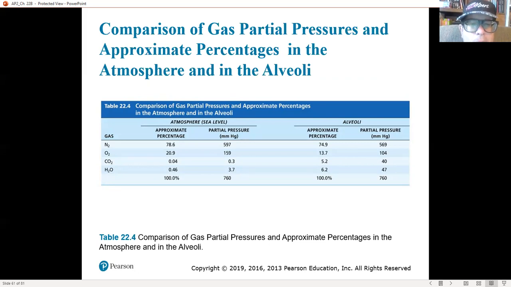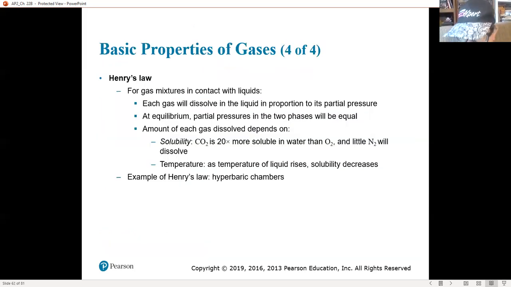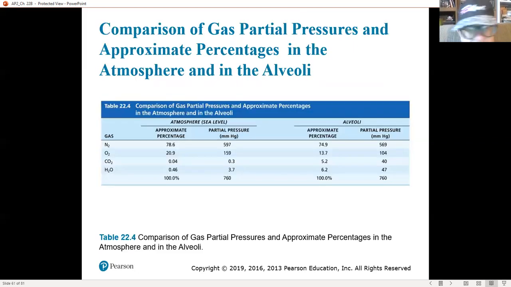So, comparison of gas partial pressures and approximate percentages of that in the atmosphere and the alveoli. Here we're seeing that in the alveoli, notice that your levels of CO2 are greatly elevated.